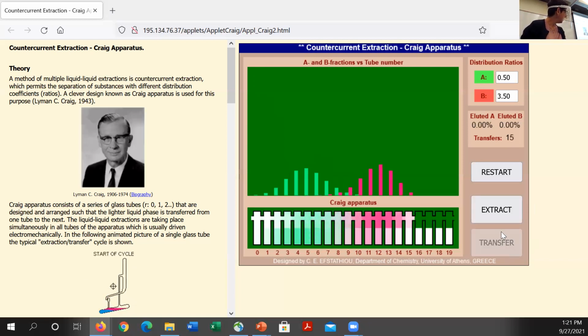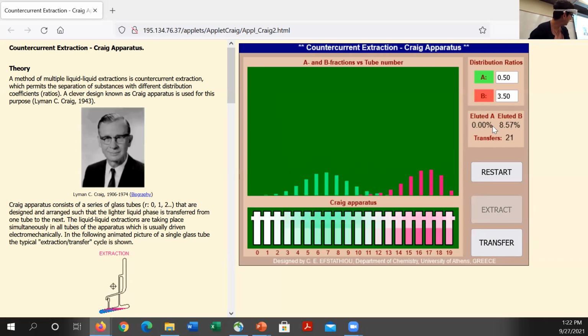until I start seeing the B eluting or leaving the system. So they're very well separated, almost. And look at that here, you start seeing B eluted.